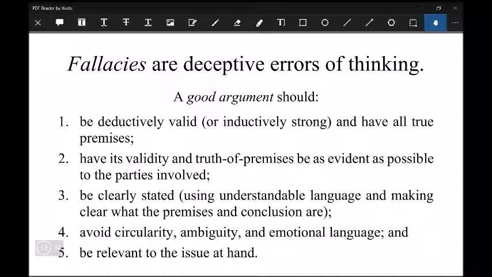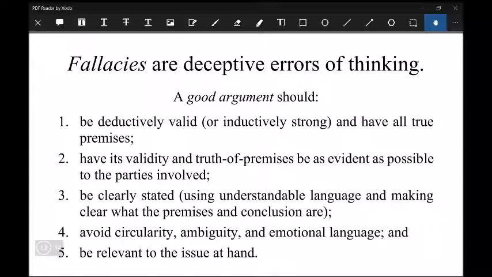What we're going to learn is 18 different categories of fallacies, different deceptive ways of thinking. And then we'll have an exercise where you have a lot of little passages, and you'll ask which fallacy is committed by each of these little examples.